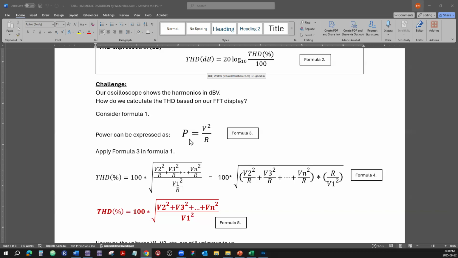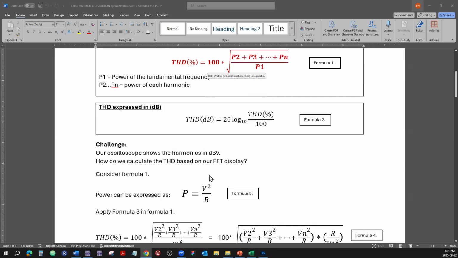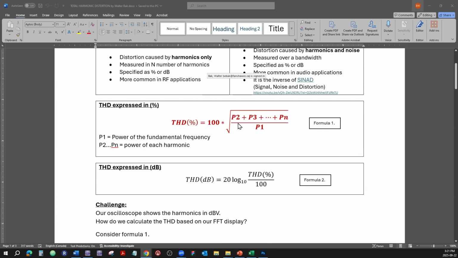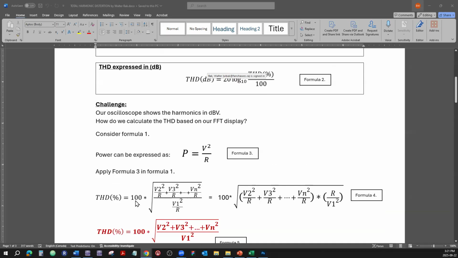So when we substitute the P's with the V squared over R's or impedances into this formula here, we get something like this little tapeworm here. So we have that 100, we carry that on, and we just substitute all the P's with the V squared over R's.